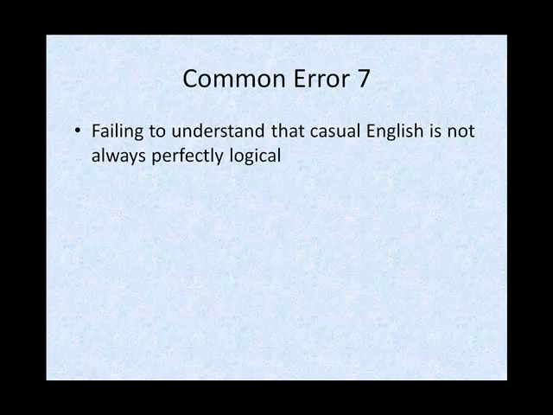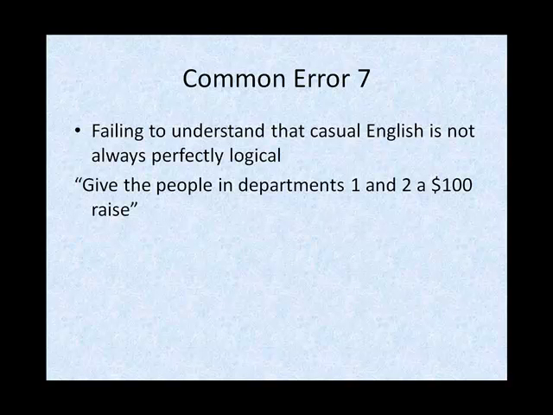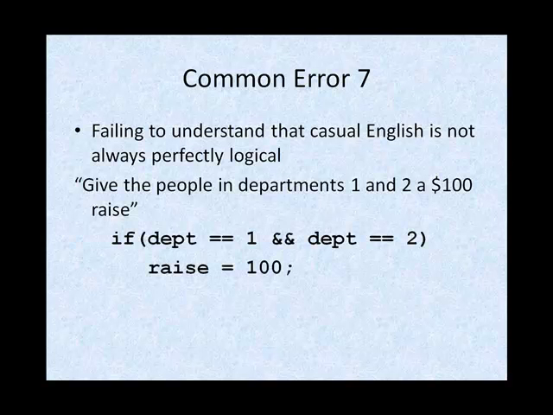Errors can arise when you fail to understand that casual English is not always perfectly logical. So, for example, you might get a request from your boss, such as, give the people in departments 1 and 2 a $100 raise. And the word and appears in this request, so you might be tempted to write code like this: if department == 1 && department == 2, raise = $100.